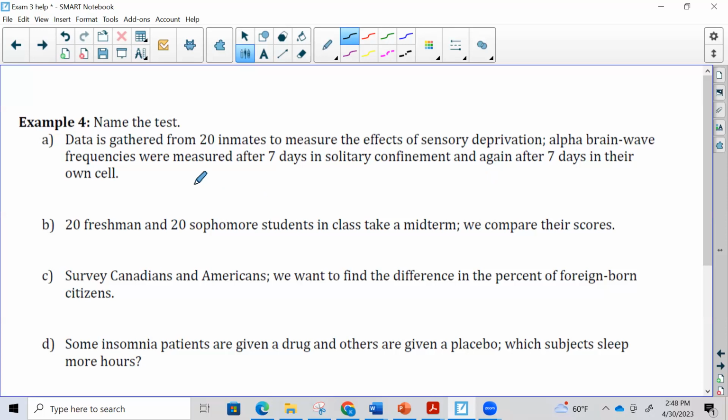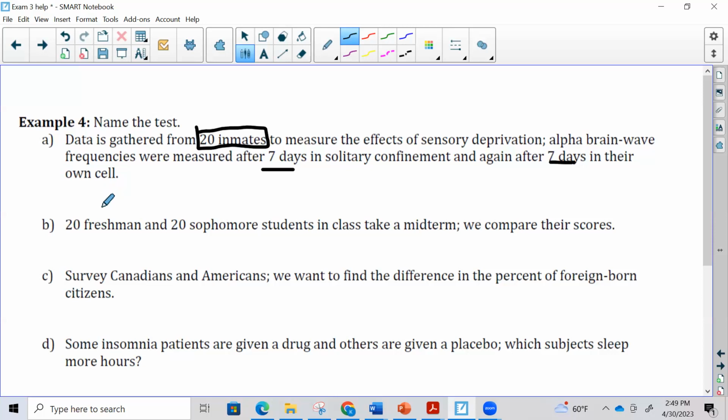Alpha brainwave frequencies were measured after 7 days in solitary confinement, and again after 7 days in their own cell. So I am sampling one group of people, 20 inmates, but I'm taking measurements on them twice, 7 days in solitary confinement and 7 days in their own cell.